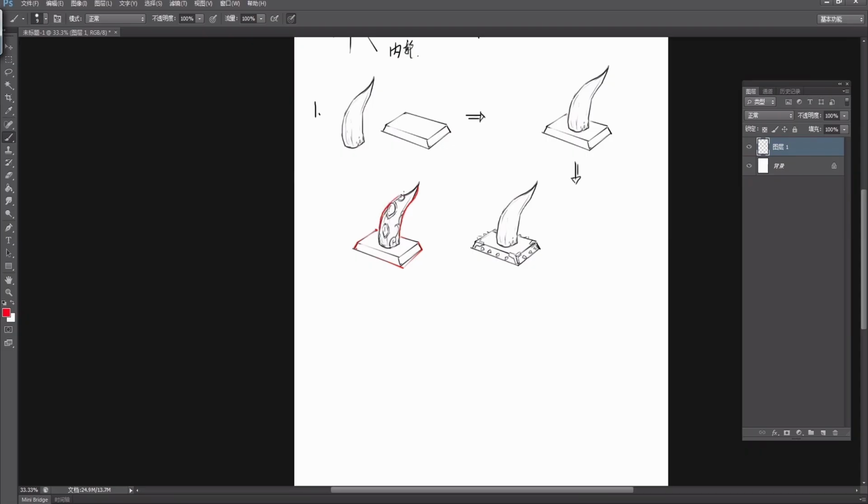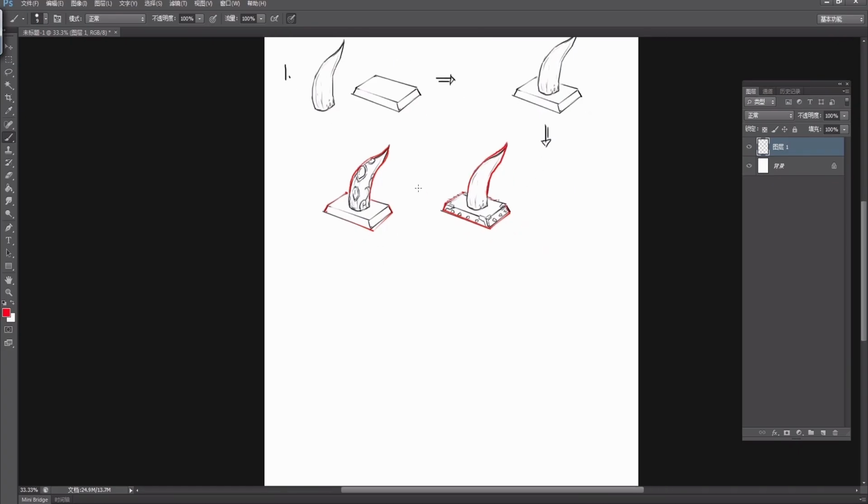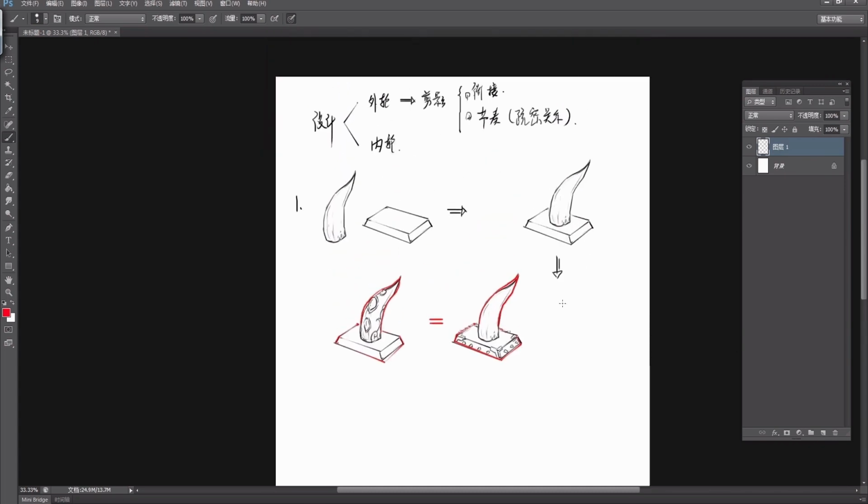Yes, it is. We could count these rivets out, for they have no direct influence on the silhouette. These two silhouettes look the same.